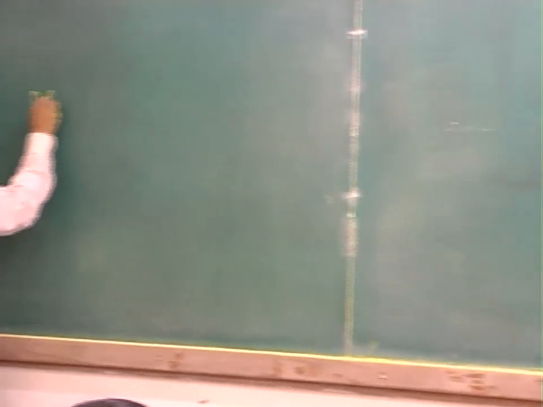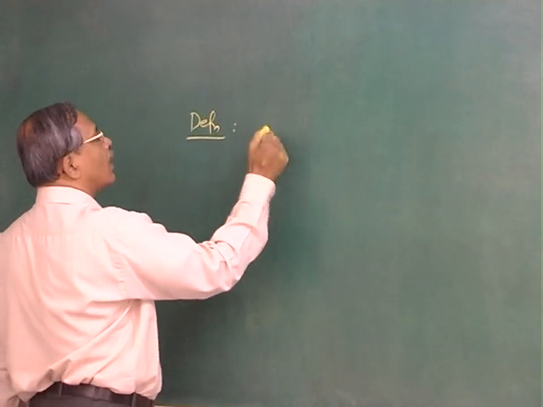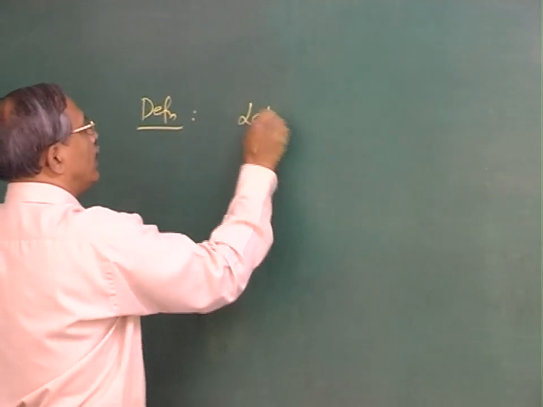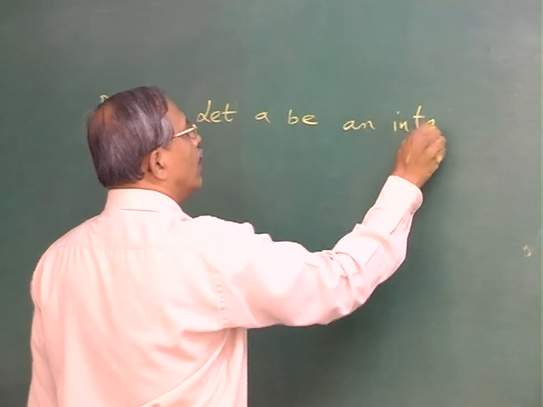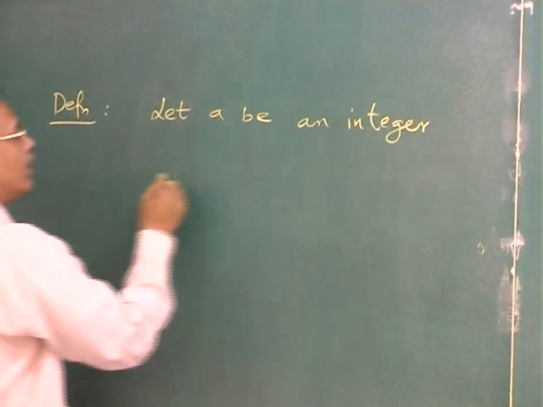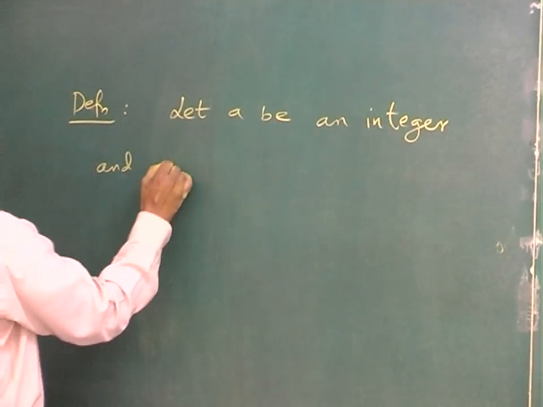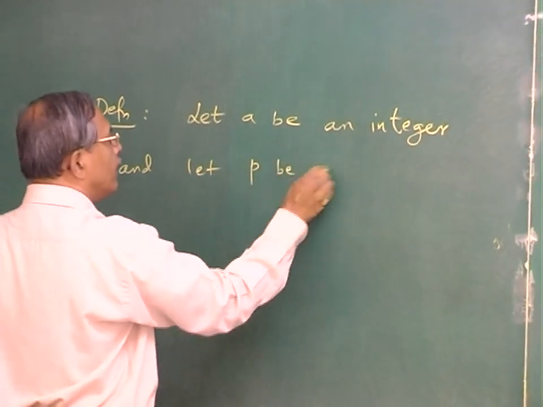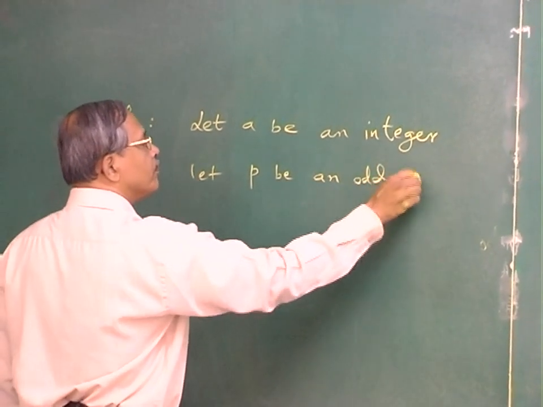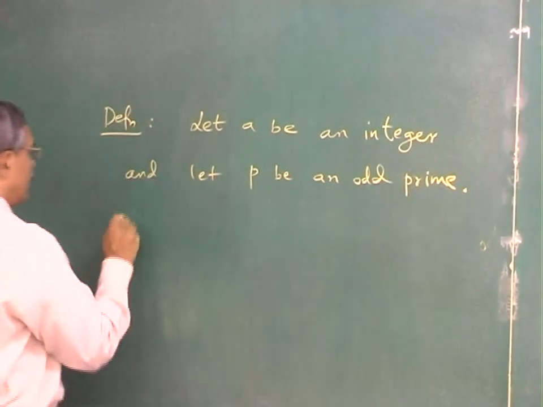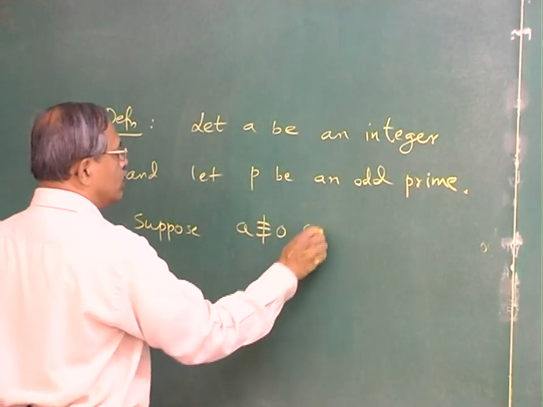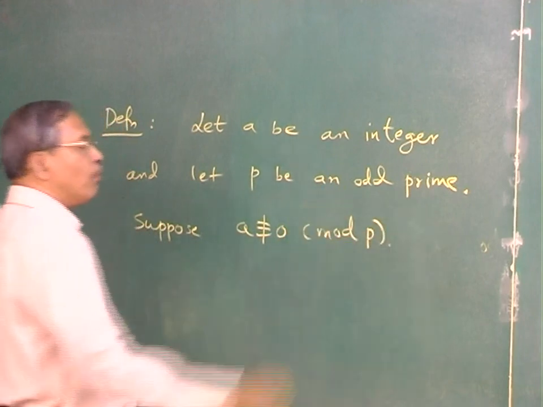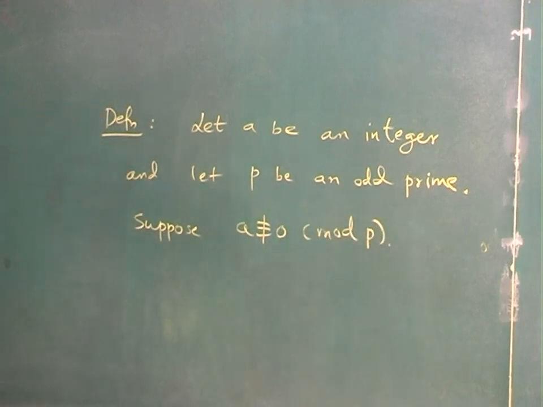So definition: let a be an integer and let p be an odd prime. Suppose a is not congruent to 0 mod p, that is, gcd of a and p equals 1, or p does not divide a.